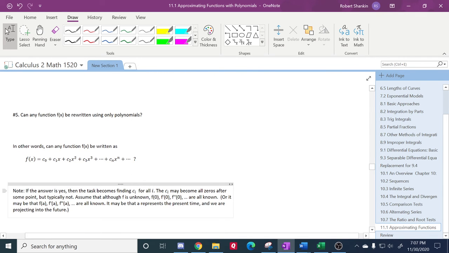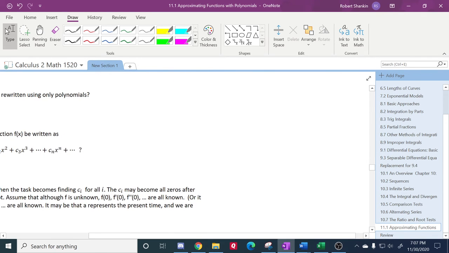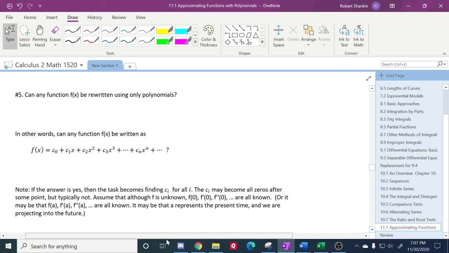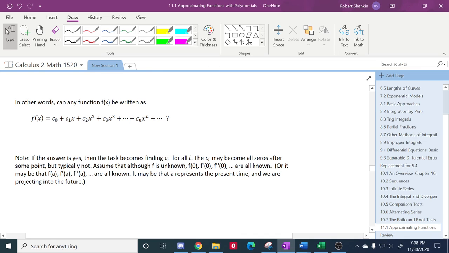All right. Note, if the answer is yes, then the task becomes just finding the coefficients, c sub i, for all i. The c sub i may all become 0 after some point, but typically not.